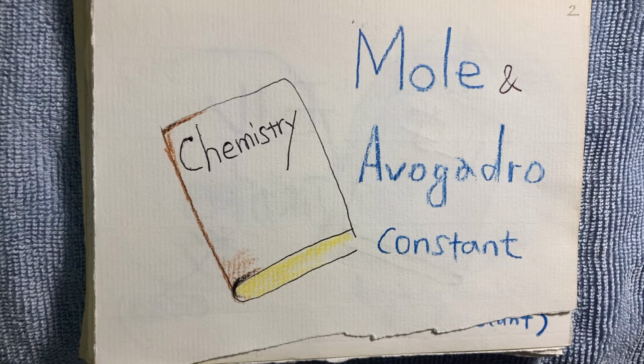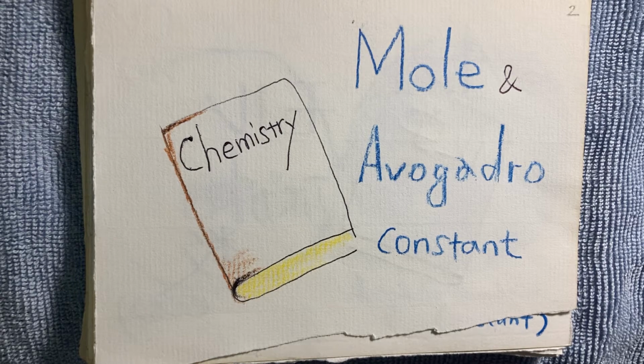I hope that by watching this video, you will be able to better understand the mole and Avogadro constant and how it is used. And you will also be surprised at the huge number of the Avogadro constant.